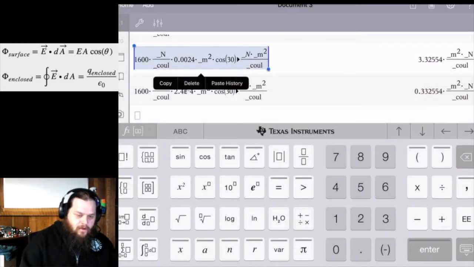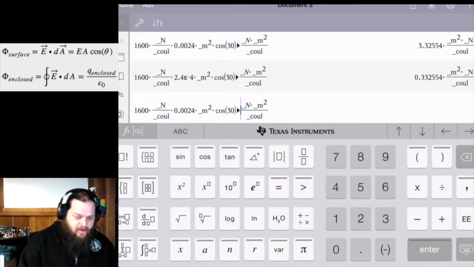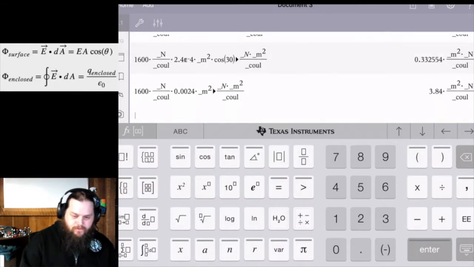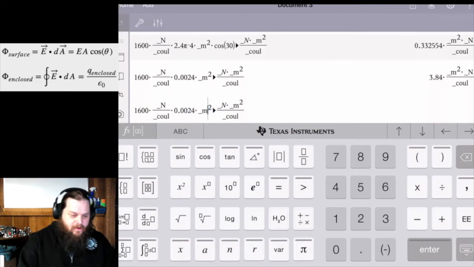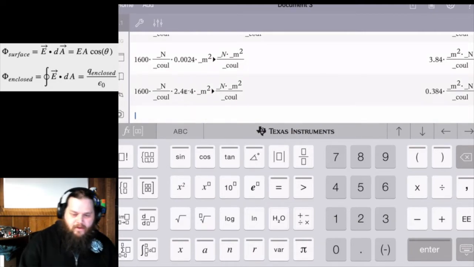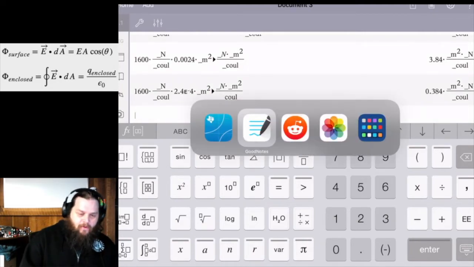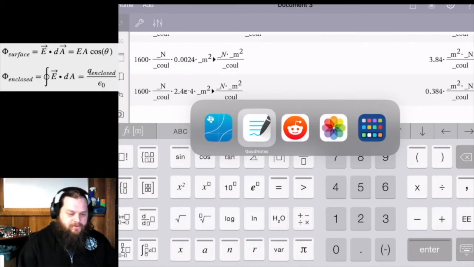So just copying and pasting this down here, it gives us, I put the wrong one in again, didn't I? There it is, 0.384 newtons meters squared per coulomb.